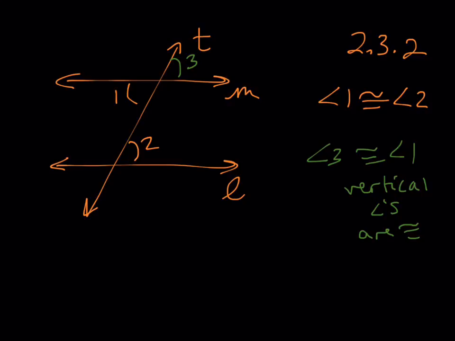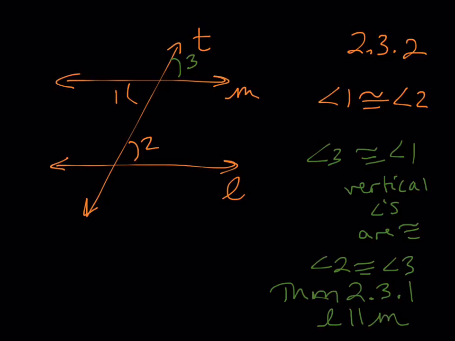And then since we have the transitive property, then we would know that 2 is now congruent to 3. And then you would just state that those are corresponding angles. So then by theorem 2.3.1, since corresponding angles are congruent, that proves that L is parallel to M.